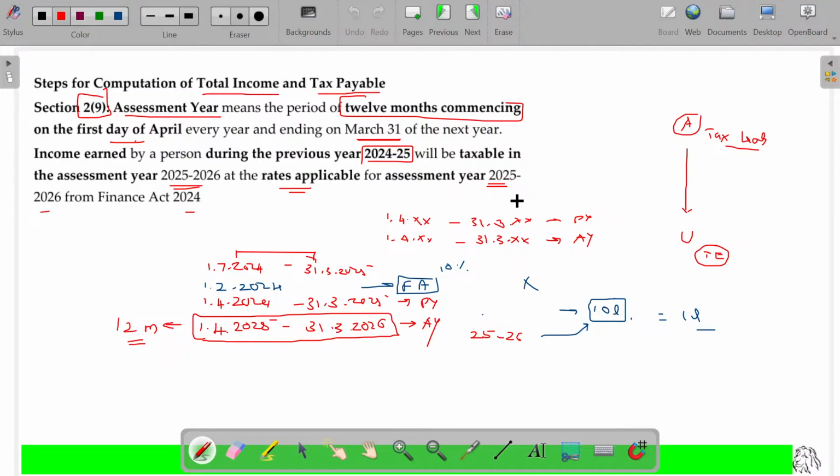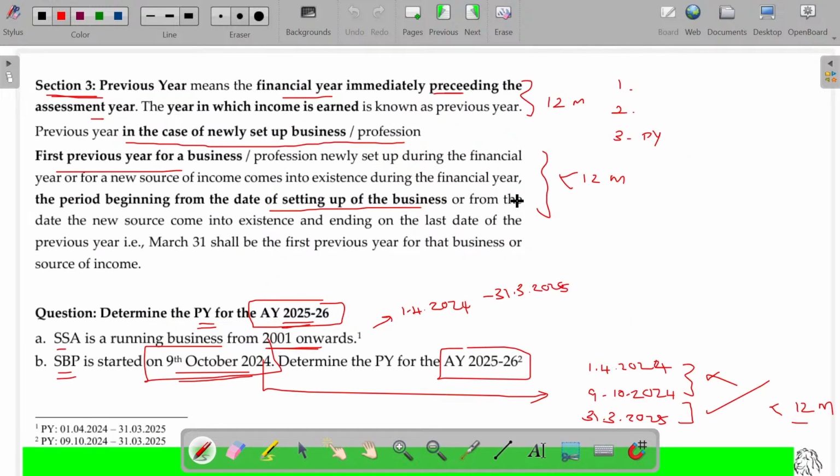In the assessment year, you calculate the income earned in the previous year. Similarly, the Finance Act of the previous year applicable will be the base for taking the tax rate. And the previous year is not necessarily 12 months. If it is a newly set up business or profession, the financial year may be less than 12 months.